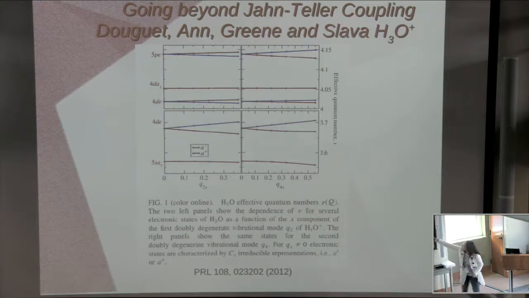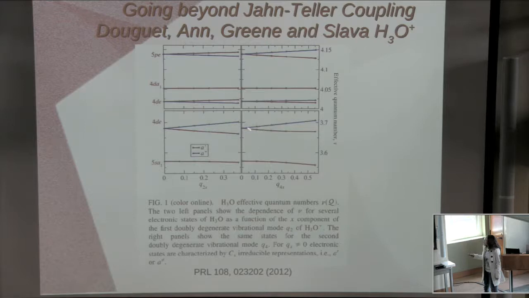I want to call attention to this part of the picture. If you take into account only the Jahn-Teller coupling, that would be, for instance, these two curves here. They are degenerate at the linear configuration, and then split into A double prime and A prime. You would be neglecting this coupling here.